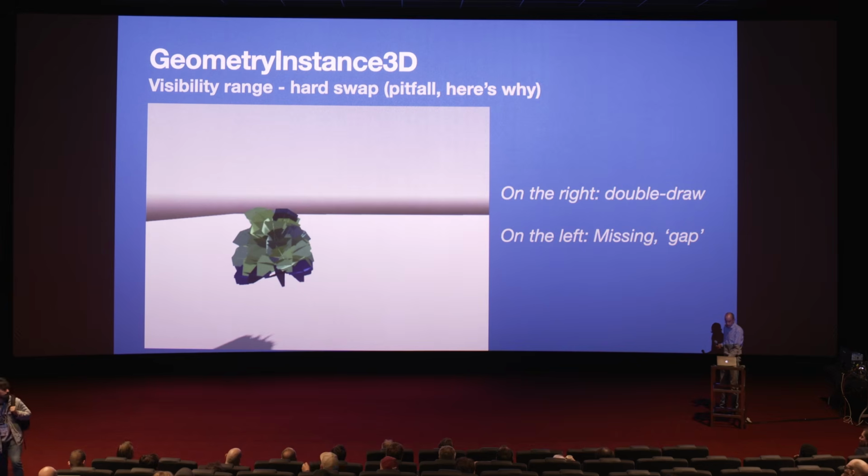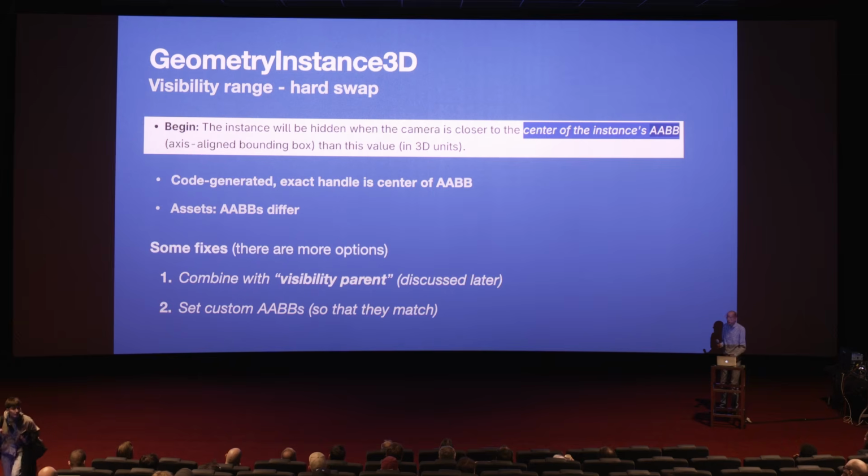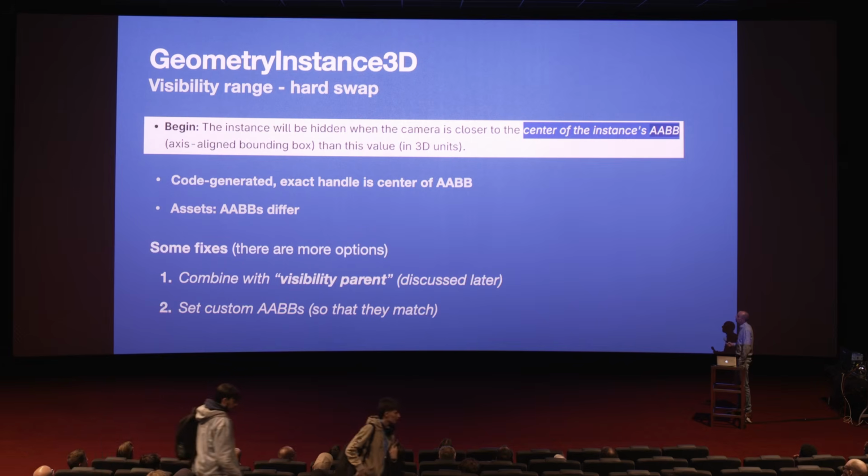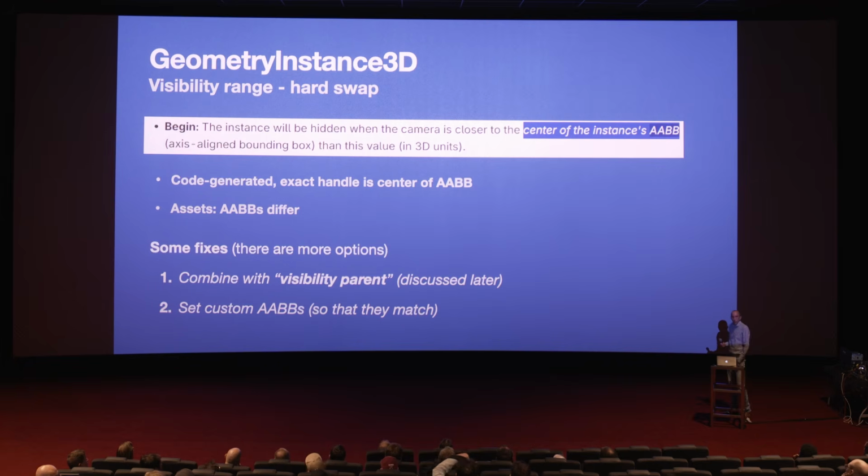So the background of that, it's not a bug, it's documented, is for both the beginning and the end, the distance that's being calculated is from the camera to the center of the instance's AABB, the bounding box. So what happened with our documentation sample, with the generated meshes, which are perfectly aligned around their origin, the center of the bounding box is at the same spot.